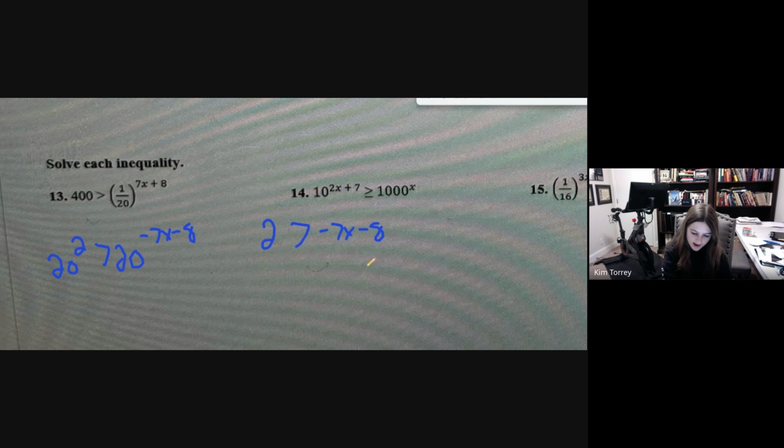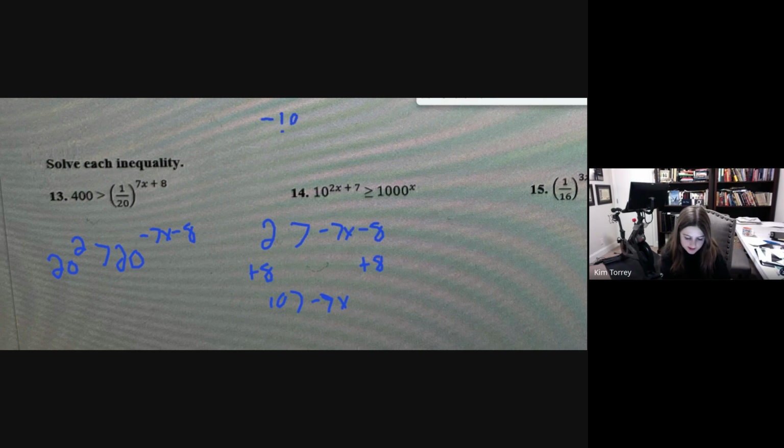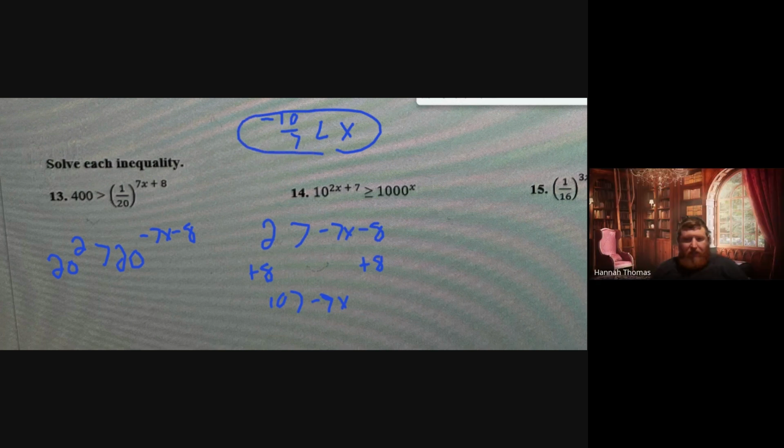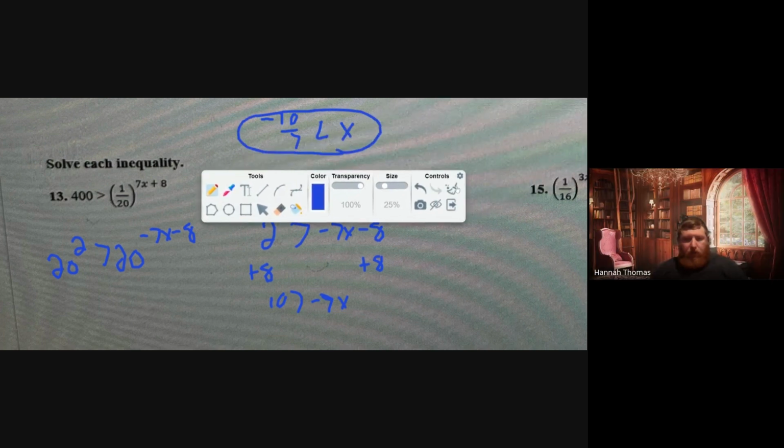So then you would add 8, so it'd be 10 is greater than negative 7x. Divide by negative 7, and then you switch the sign. So then it would be 10 over negative 7 is less than x. Yes, that's correct. Perfect. Good job. Okay, so you know what you're doing.